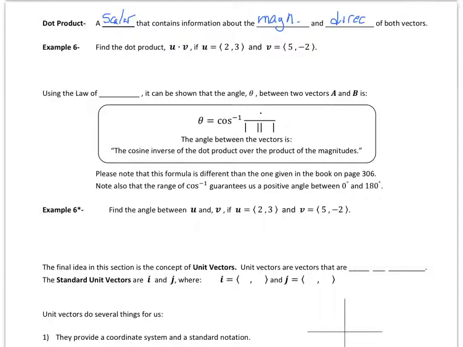So finding our dot product here, remember from our formula back before, u dot v is simply 2 times 5 plus 3 times negative 2. So it gives us 10 minus 6, or our dot product in this case is 4.